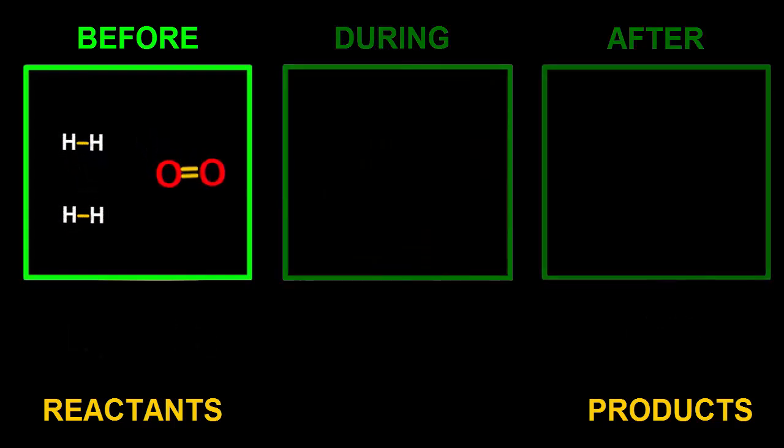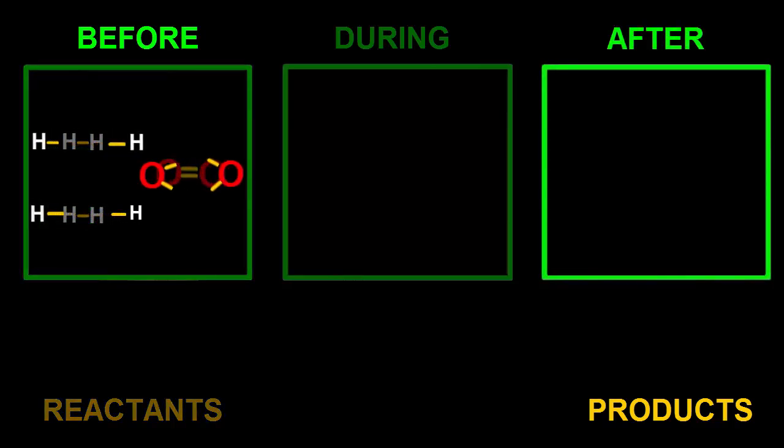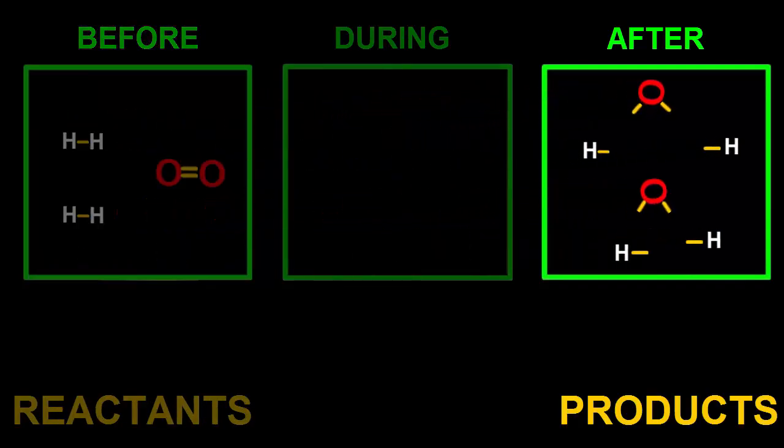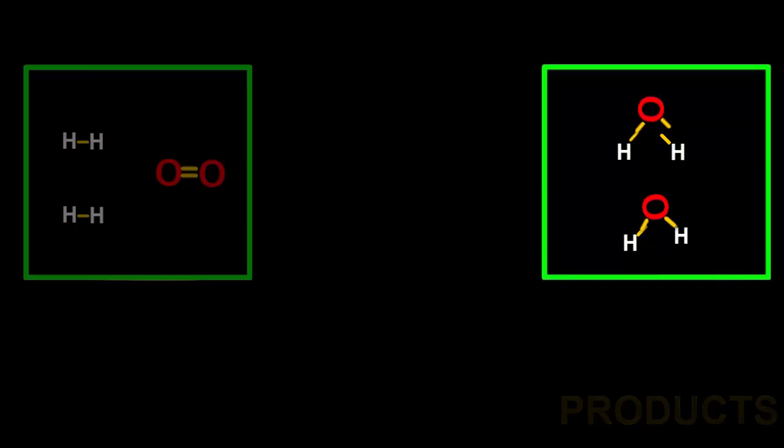When the reactants bust apart, 2 bonds within the H2 molecules and a double bond within the O2 molecule are broken. When the products are assembled, 4 new bonds are made inside the H2O molecules.